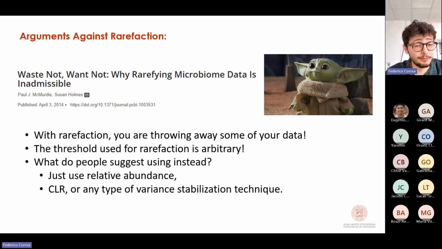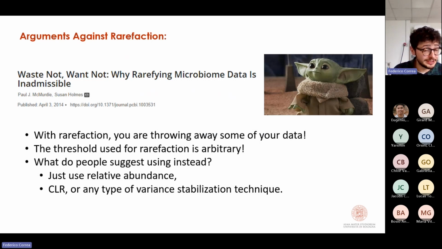So coming back to what people against rarefaction say: you should use just relative abundance. Relative abundance means that you have the abundance of your bacteria divided by the number of sequences present in your samples.